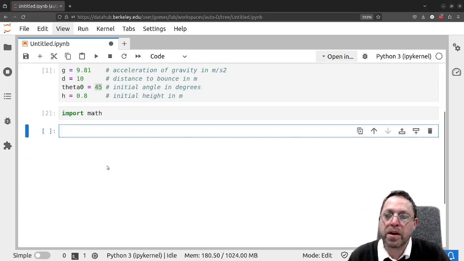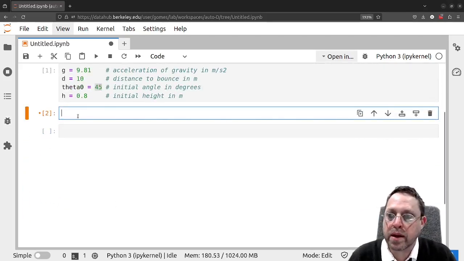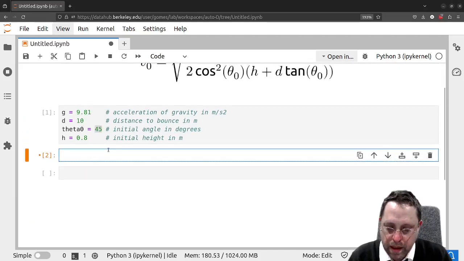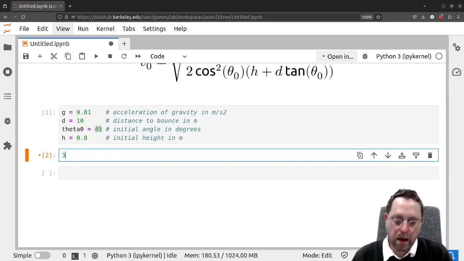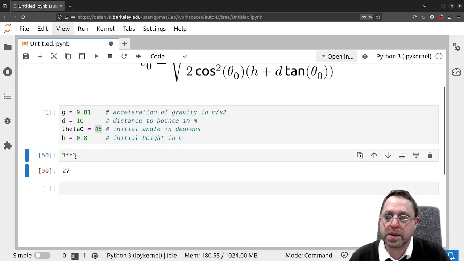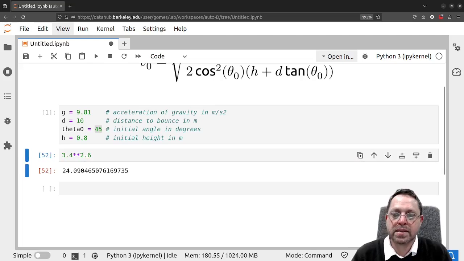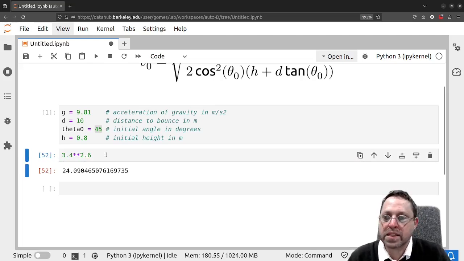So this part does not require the math library to have been imported. We could, if we wanted to evaluate 3 cubed, that would be like that using exponentiation, or 3 squared, or it could be 3.4 to the 2.6 with exponentiation.